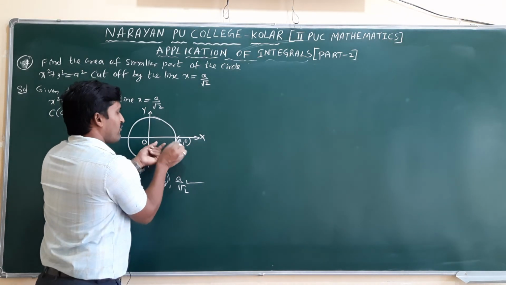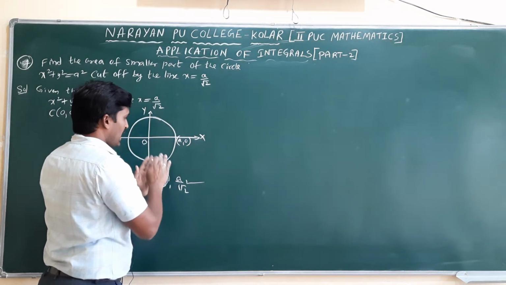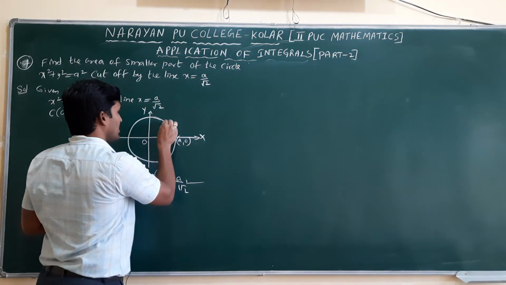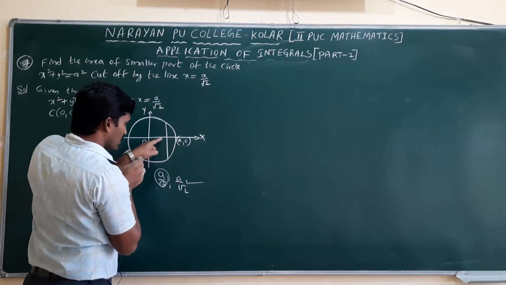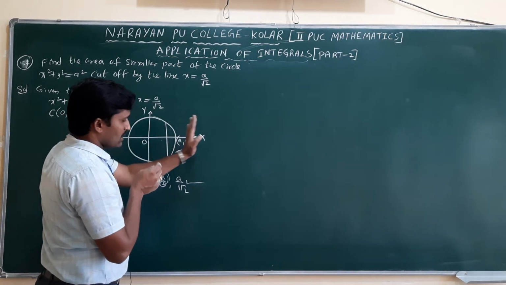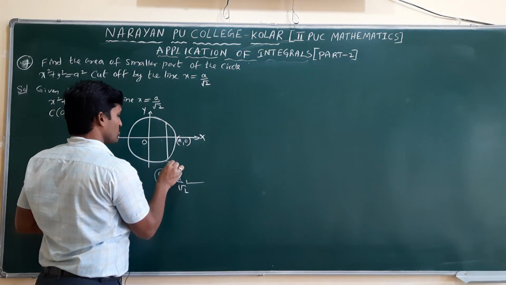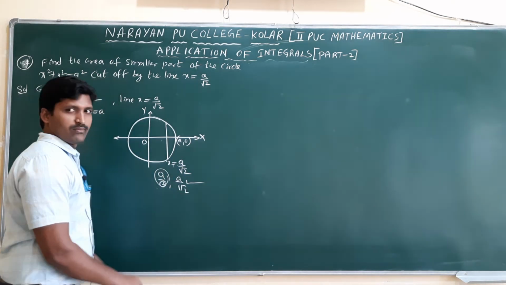A by 2 means half of a, the midpoint between 0 and a. A by root 2 is still more than a by 2. That's why I am taking a by root 2. So this line is x equal to a by root 2.